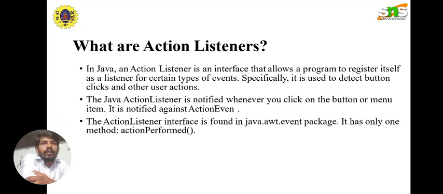In Java, an action listener is an interface that allows a program to register itself as a listener for certain types of events. Specifically, it is used to detect button clicks and other user actions. In real time we are using a laptop as well as a phone.